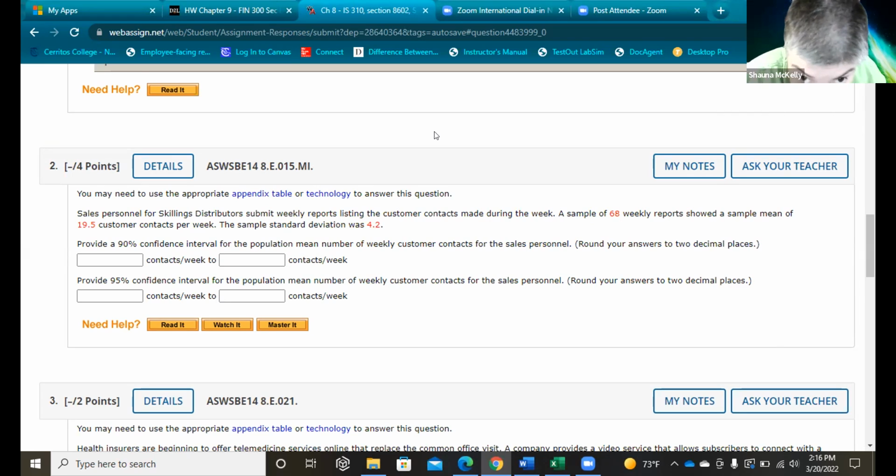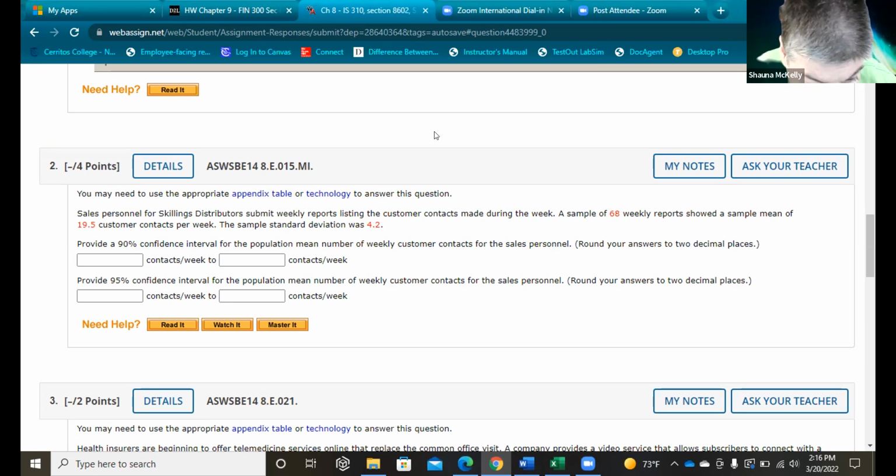The first thing it asks you is x bar. x bar is the sample mean, so that's 19.5. Mine says input data stats. Yeah, just where it says input, make sure that you arrow over to stats and hit enter.